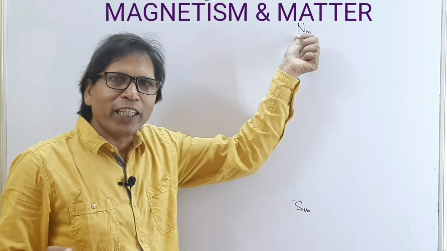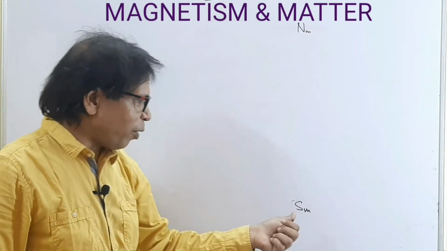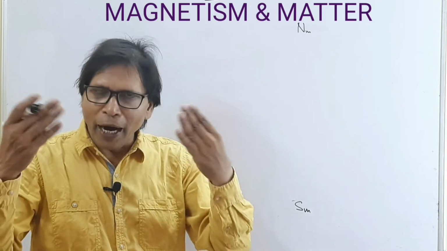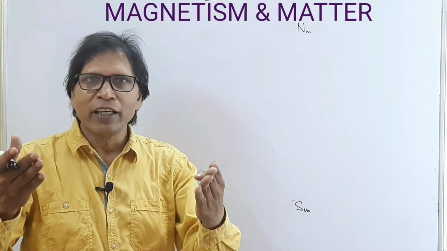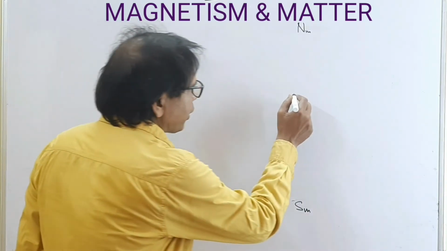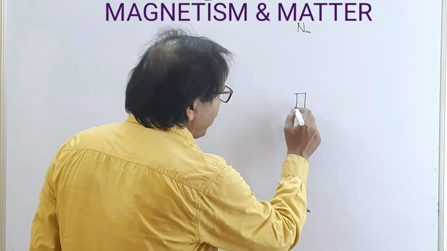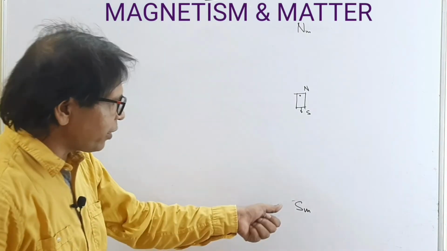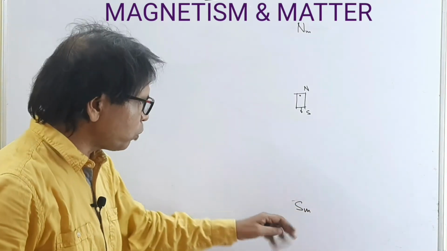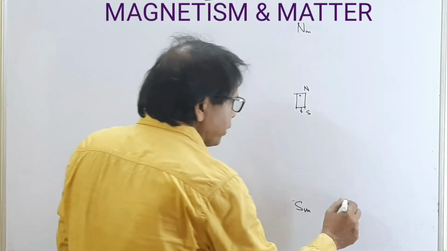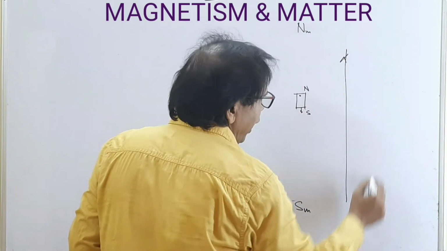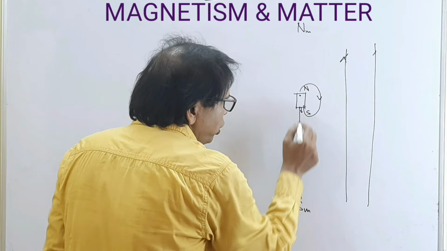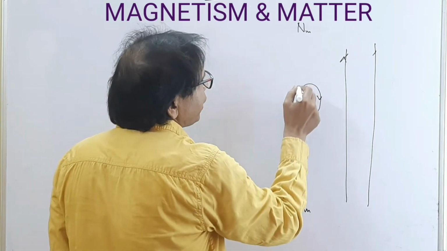Now next, look at this. This is the magnetic north pole. This is the magnetic south pole of Earth. If a bar magnet is placed north pole pointing towards the north, look at this. This is a bar magnet whose north pole pointing towards north. Now look at this. The magnetic lines of force from south pole to north pole, along this direction, and from here, and now here, this is the direction of magnetic lines of force.